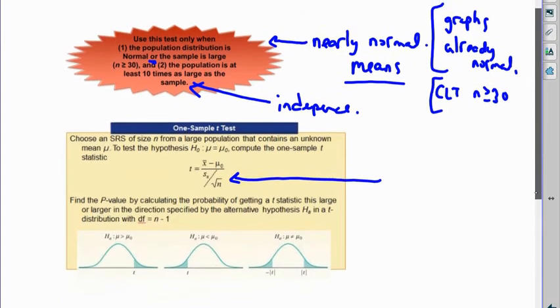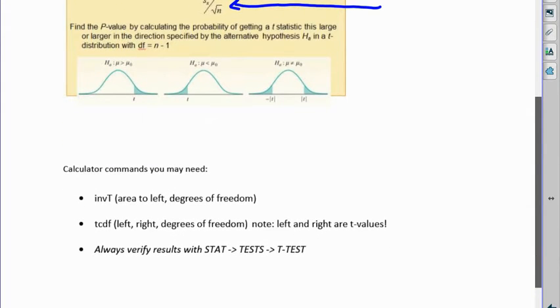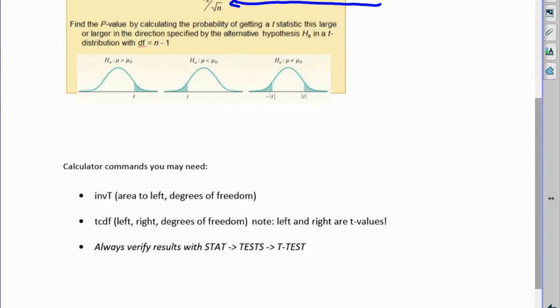And then we're going to write the hypotheses. I'm going to do the example with the batteries on the next page. We're going to write the hypotheses, and we'll either have an upper tail, a lower tail, or if we have the two-tailed case, then don't forget that you need to double your p-value when you have the two of them.